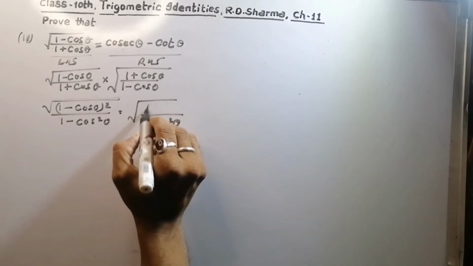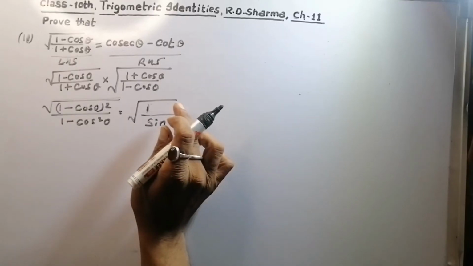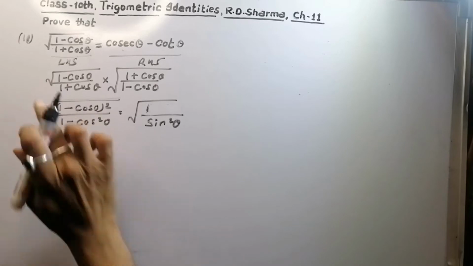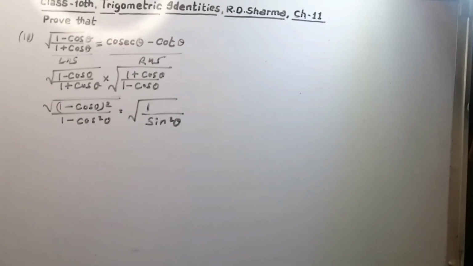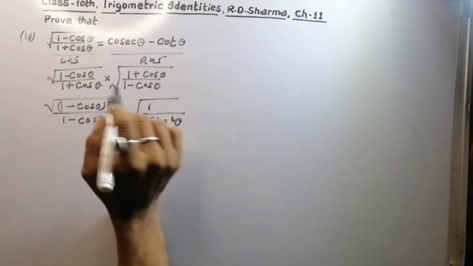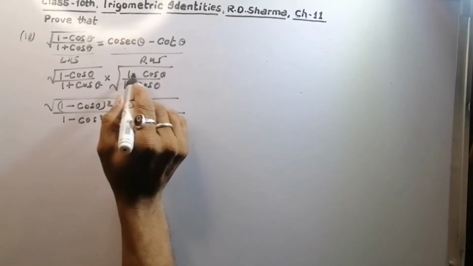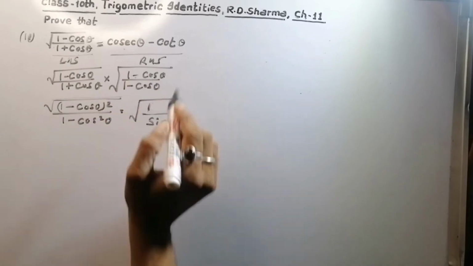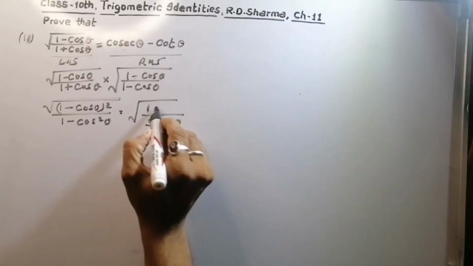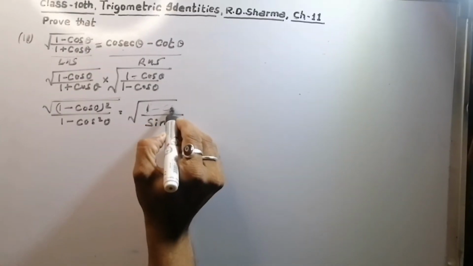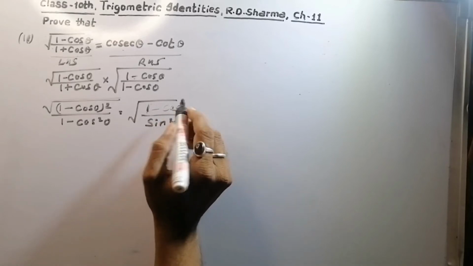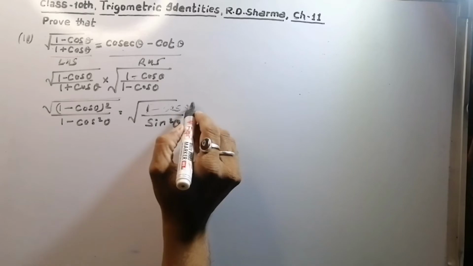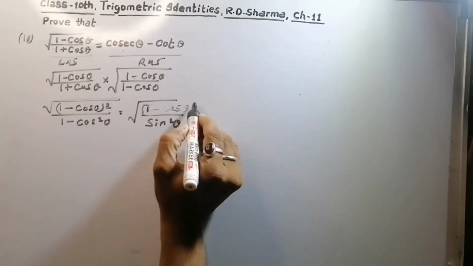This becomes 1 minus cos theta whole square upon sin square theta, and 1 minus cos theta, because of the same sign we will multiply it. So it becomes 1 minus cos theta, the whole square.